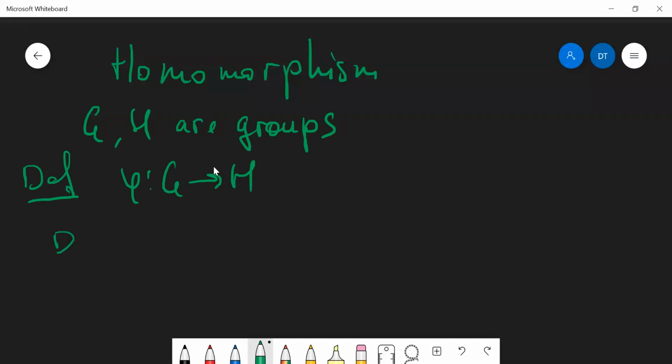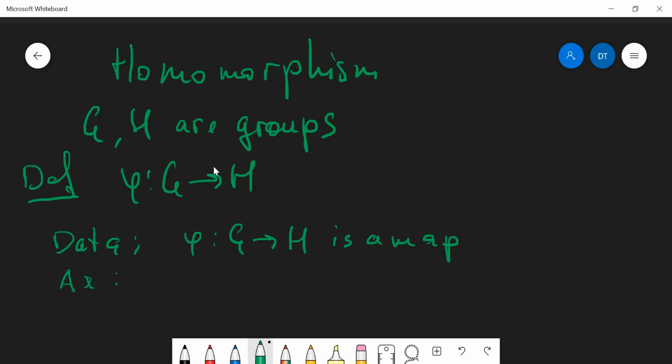So first, the data. Phi must be a map of sets. So first of all, phi is a map. It takes elements from the group G to the group H. And it must satisfy one axiom.